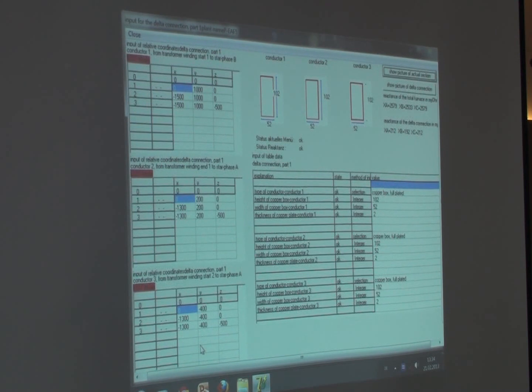We now can see the reactance of the delta connection calculated to the star side, which is about 0.2 milliohms.